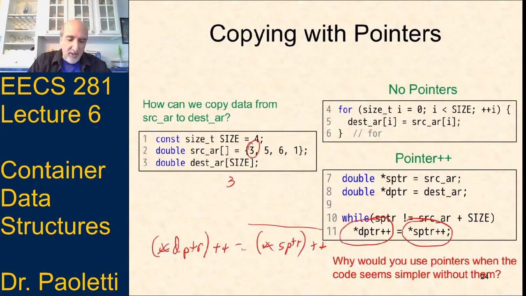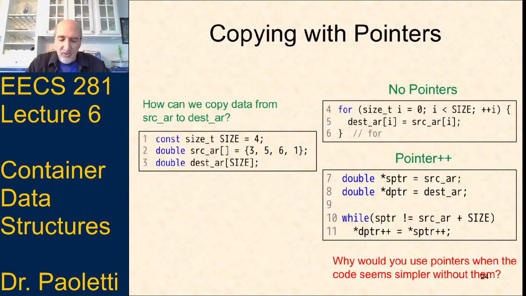Then it would increment that 3 to become 4, because the plus plus is now applying to the value, not to the pointer. Then I'd overwrite this with a 4 because I copied the 4. Then I'd change them to 5 each. Then I'd overwrite this with 5. Then I'd change them each into 6. And it would be an infinite loop because my pointer never moves. I never reach the end of the source. It's an infinite loop. So it's critical that we write it in the way it's said there.